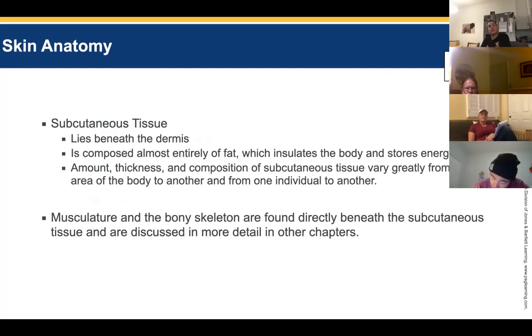So with subcutaneous tissue, when there's a laceration or a cut, you're going to see the fat. You're going to see these different tissues. It doesn't change anything as far as our care. Really, first concern is to stop the bleeding, control the bleeding.